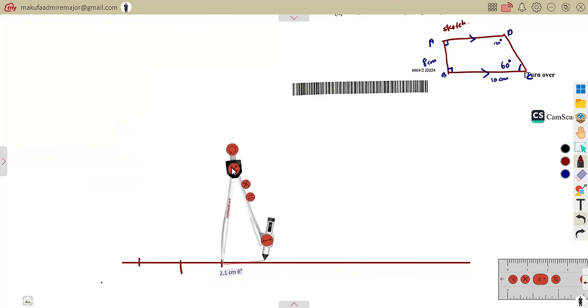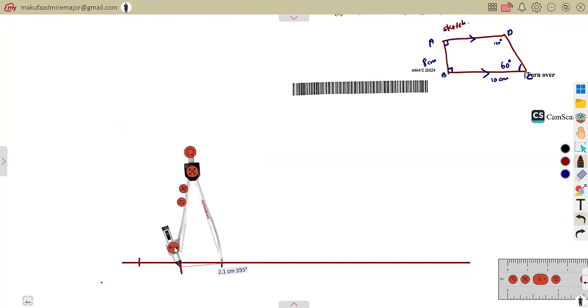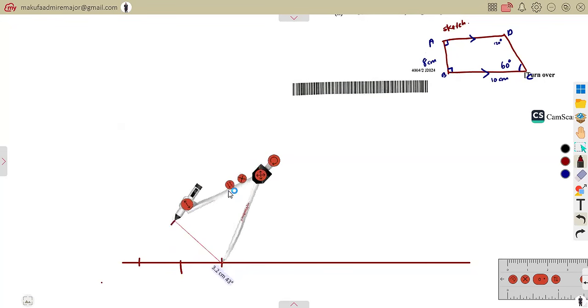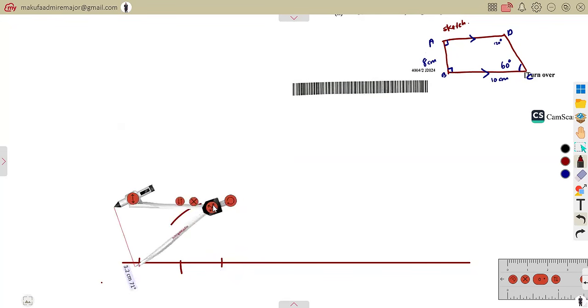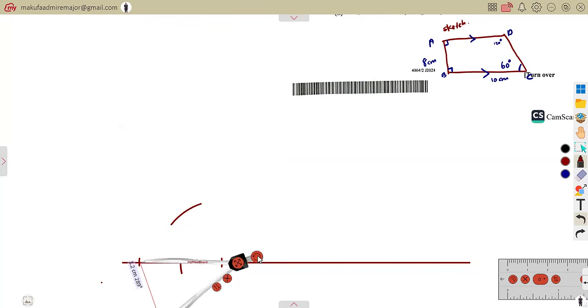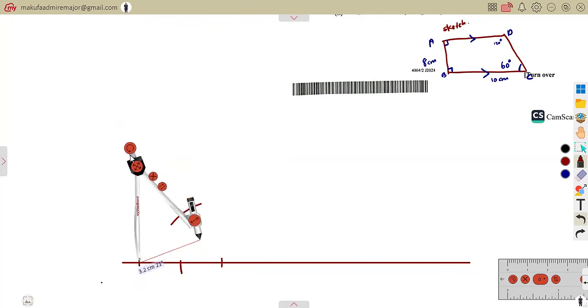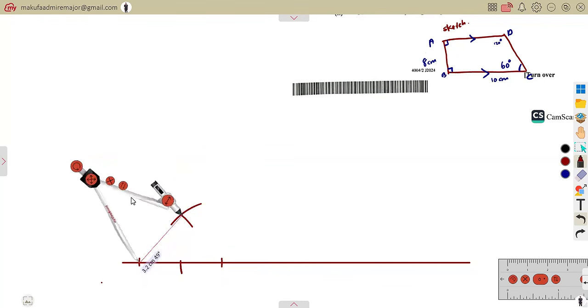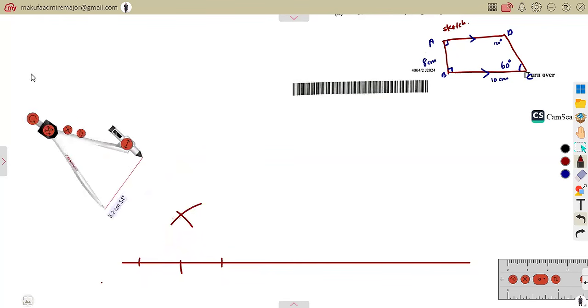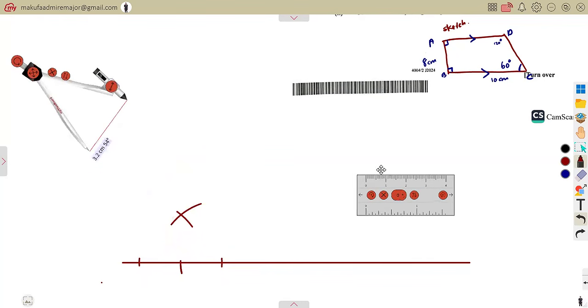With these 2 points that you constructed, you open more than half of the line and construct an arc on top. You also move to this side and construct an arc on top also, so that these 2 arcs do meet, without changing the distance that you are using, which is more than half of the line. Without changing that, you can construct 90 degrees.